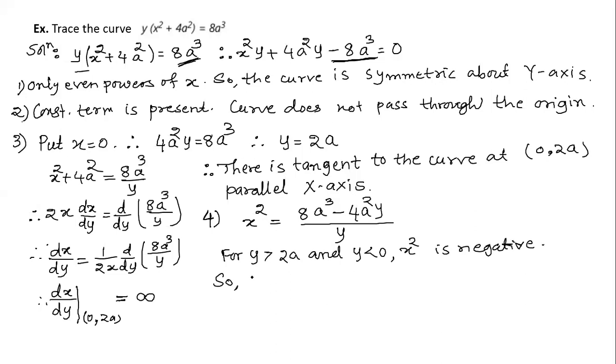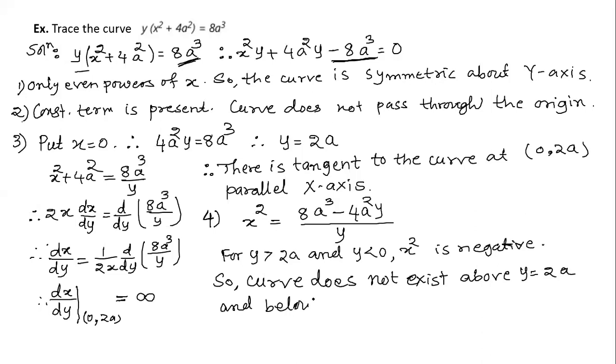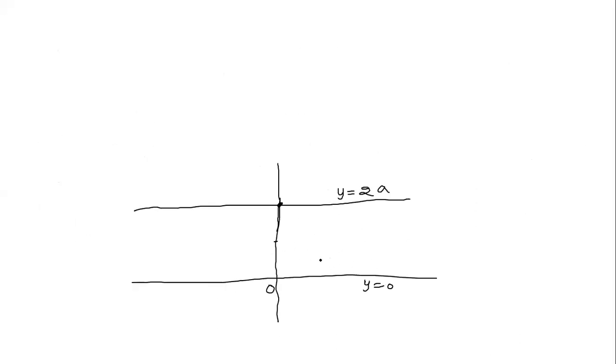So the curve does not exist above y equal to 2a and below y equal to 0, that means below the x-axis. So the curve is going to exist in between only, that is the only thing. Then there is no question of a loop till now.